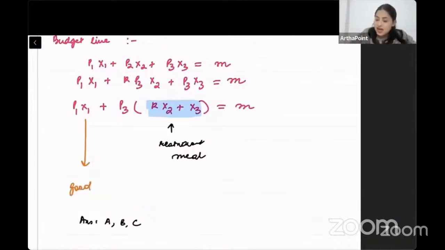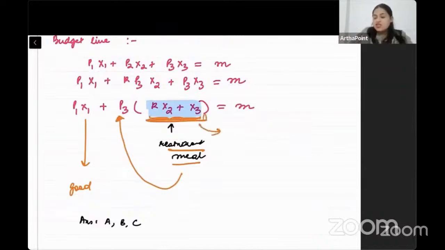And this is just the other type of good, which is my restaurant meal, and to which I have attached a price P3. So because I am going ahead and consuming them together, this is just a composite meal. This is like one meal that I have, one good that I have, whose price is actually P3.